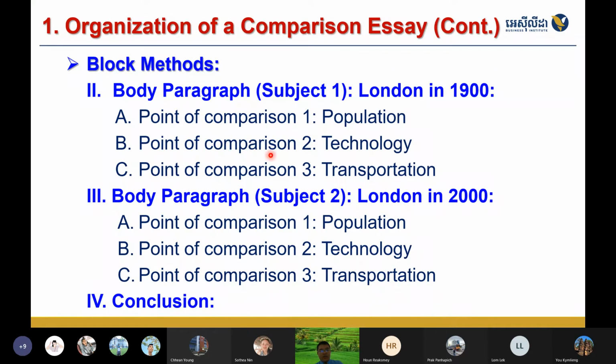B, point of comparison 2: technology. C, point of comparison 3: transportation. Body paragraph, subject 2: London in 2000. A, point of comparison 1: population. B, point of comparison 2: technology. C, point of comparison 3: transportation.